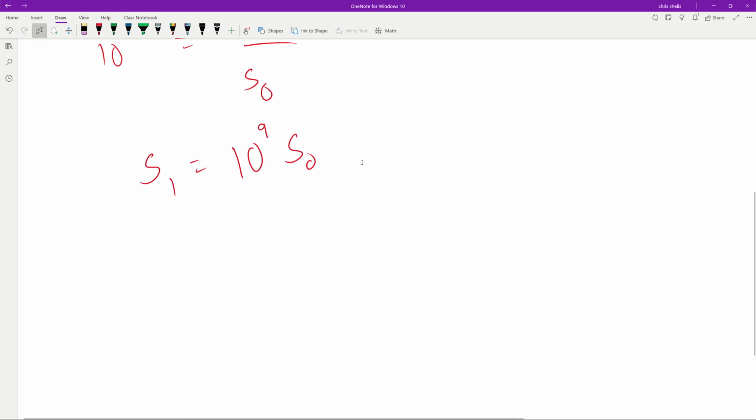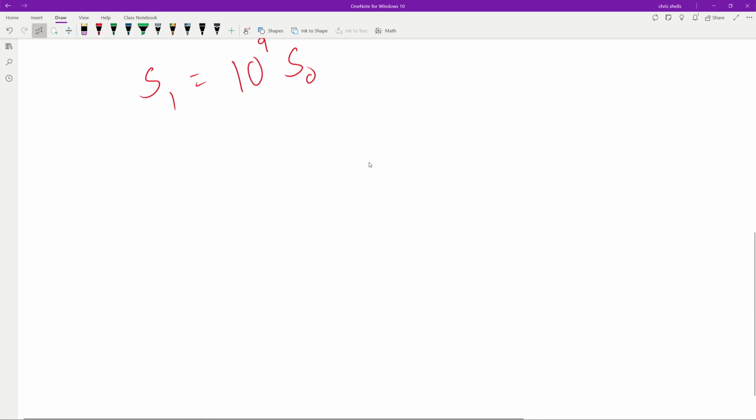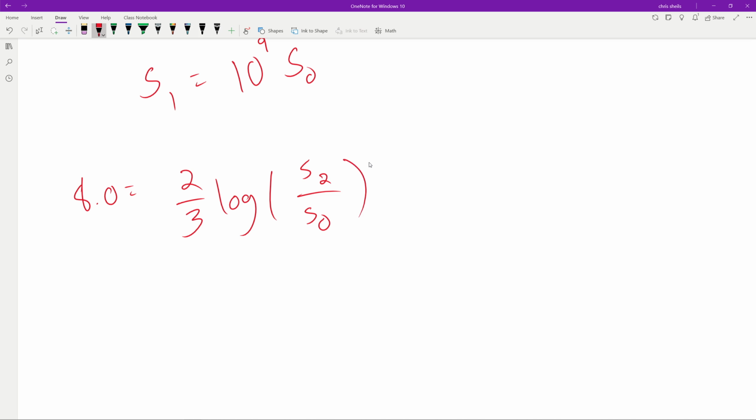Let's find the same for our second earthquake. We'll call this S2 instead. So our equation now is 8.0 equals 2/3 times log of s sub 2 divided by s naught.